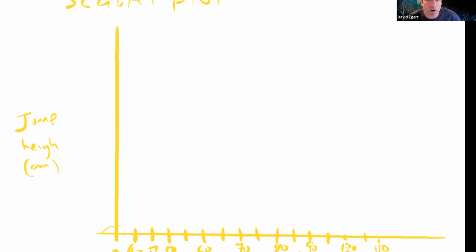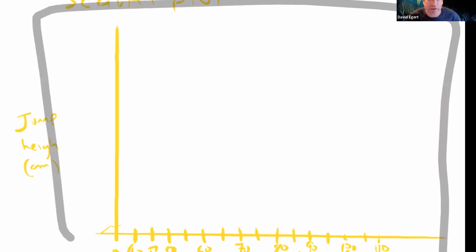You typically want what we call the aspect ratio, kind of like a TV screen, a little wider than it is tall. I figured from 40 to 110 is the range of my data, so figure out how much each tick mark should be so it spreads out about right.